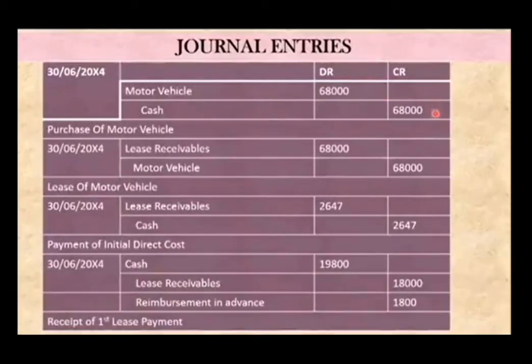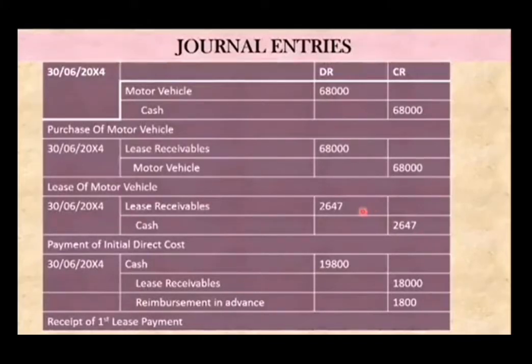Because they didn't mention if they use cash or bank in the question, so we just put cash. So a motor vehicle and then cash. This is the note, purchase of motor vehicle. And then for this, we debit the lease receivables and we credit the motor vehicle, with the note lease of motor vehicle.